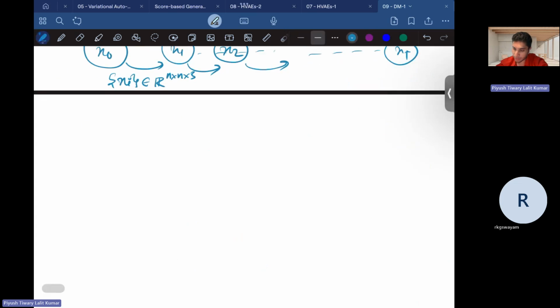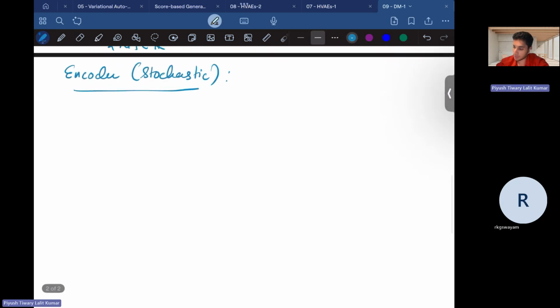So basically, what it means is that your encoder, which is stochastic, what does that look like? This basically means that given xt minus 1, this distribution is just a Gaussian distribution of xt.